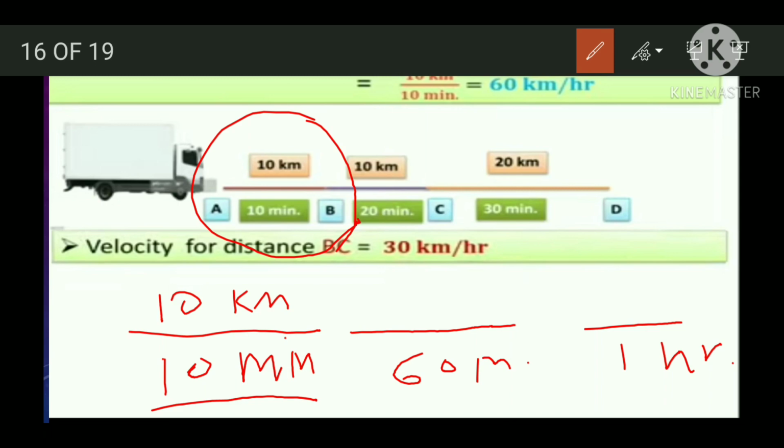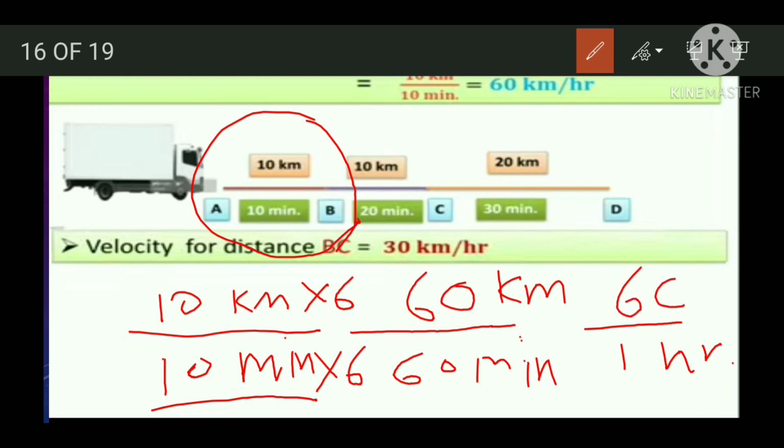So, how can we convert this into 60 minutes? 10 into 6. The same way we will multiply both sides by the same digit. So, 10 times 6 is 60. 60 kilometers in 60 minutes. It means 60 kilometers in 1 hour. Is it clear? So, velocity for distance AB is 60 kilometers in 1 hour.